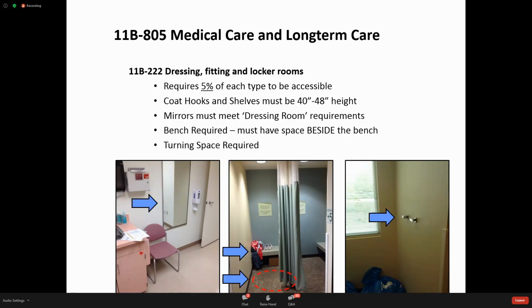Other people find it more convenient to pull alongside the short axis of the bench and transfer at a 90-degree angle from the other orientation. So you have to design the dressing room to have a space on the side. You can't have a bench that goes wall to wall. So hopefully I'm making sense in the way I'm describing that.